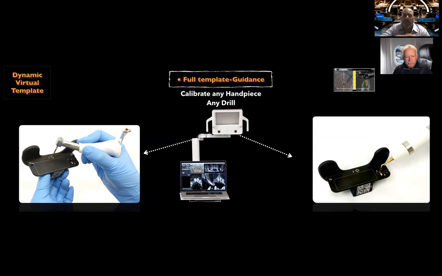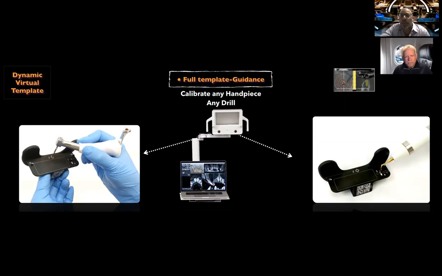But the comfort level of just learning how to hold everything, making sure that we can calibrate all these little pieces, sometimes takes a little bit of a learning curve. But as far as success, you're going to have success with it basically from day one, because you're seeing what you're doing in real time.